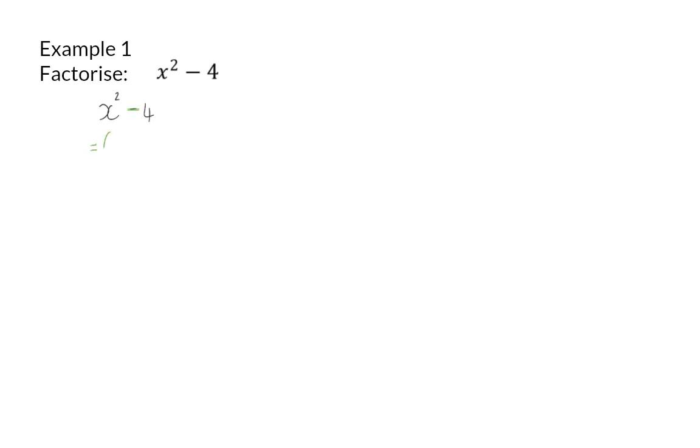As I've mentioned, with difference between squares, you form two brackets of which the sign in the middle has to be different so that we ensure that there is no middle term. Then we take the square root of the first term and place it in each bracket, and the square root of the second term, 4, and place that in each bracket.